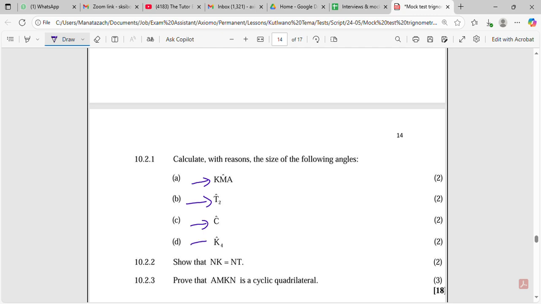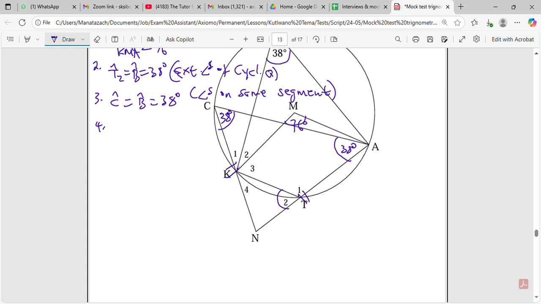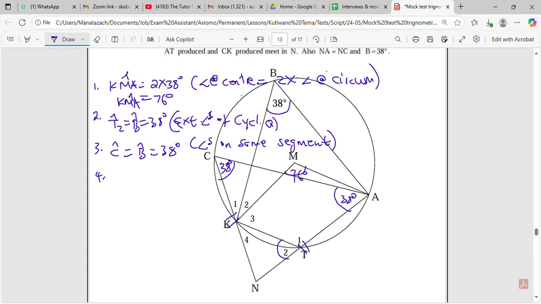Now let's look at K4. Let's look for angle K4. There is K4 over here. We also realize that K4 is the exterior angle. It's equal to angle A. It's not equal to angle B according to this. Remember, the exterior angle must be the extension of CKN.